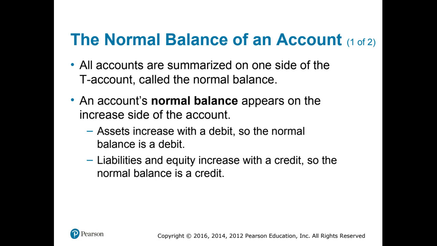Therefore, the normal balance of an asset account is a debit balance. Assets increase with a debit, so this is the normal balance for our asset accounts. A liability and an equity account, both of those increase with a credit. So the normal balance for our liability and equity accounts would be a credit balance on the right-hand side.